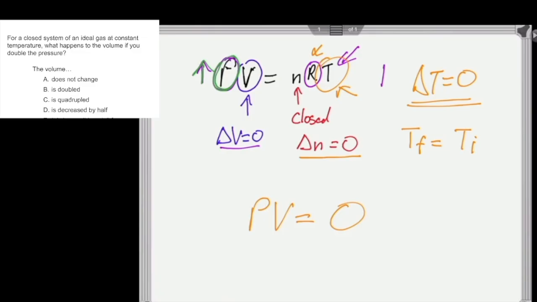If PV equals a constant, the other way I could define that is P must equal 1 over V. Yeah, they are inversely proportional. In other words, if one goes up, the other one has to go down, right? So even based on that, forget about knowing the quantity, look at those three values that are left. Doubled, quadrupled, well, those are increasing. Decreased by half, that's the only one that goes down. So we've already eliminated D.